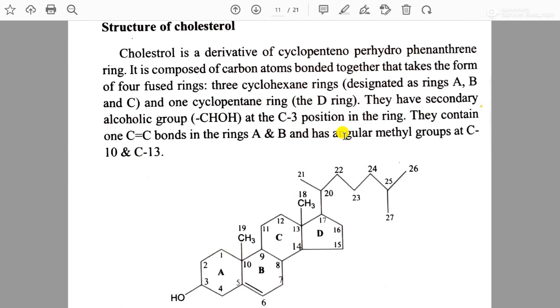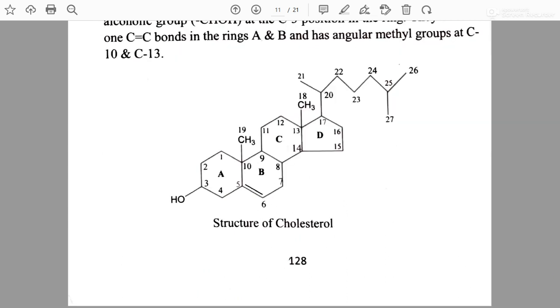And they also have angular methyl groups at C10 and C13. So, you can see the positions 10 and 13 here, and there are angular methyl groups, that is methyl groups in between the rings. 2 angular methyl groups are present in cholesterol. Also, there is a long alkyl chain starting from C17.